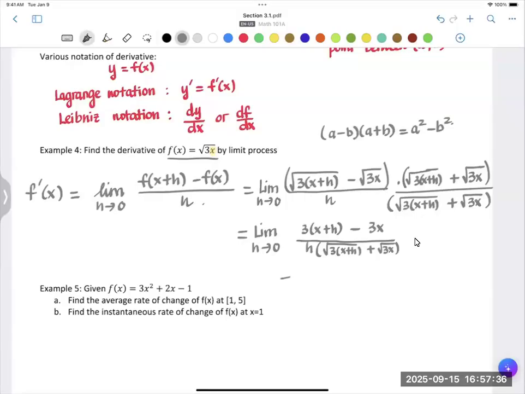And now you're going to have the limit as h approaches 0. Simplify this expression by multiplying the 3 into the parentheses. I have 3x plus 3h minus 3x, and all over this.